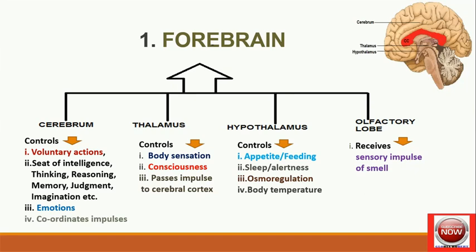And the last part is the olfactory lobe. This cannot be easily seen by looking at the image. Why? It is located at the back of the brain, and so it's not obvious. Now this part receives sensory impulses of smell, simply meaning that it controls smell.